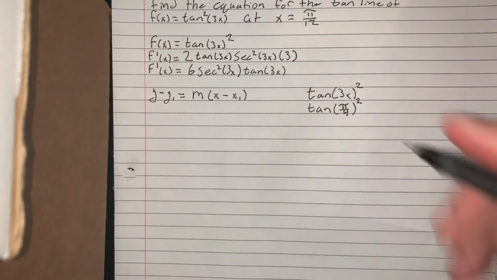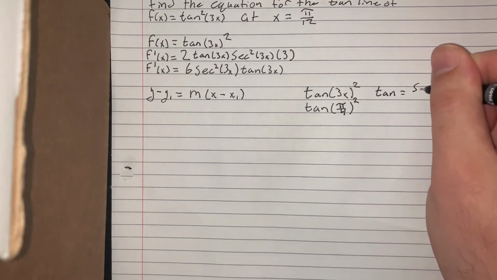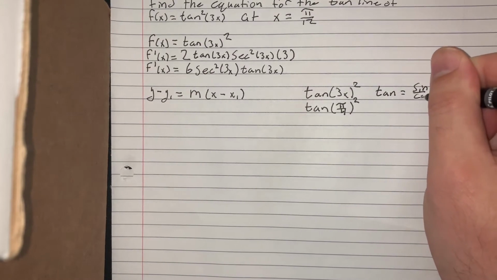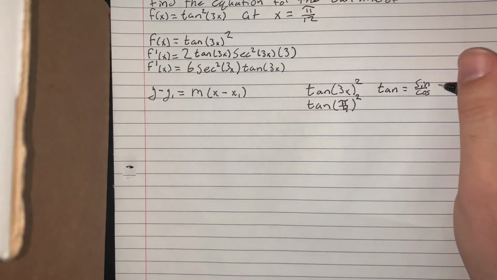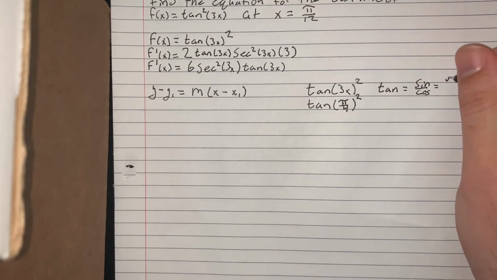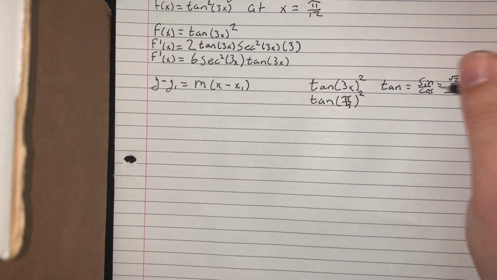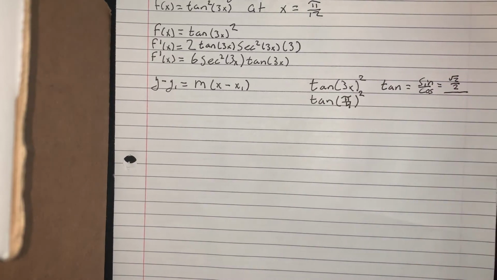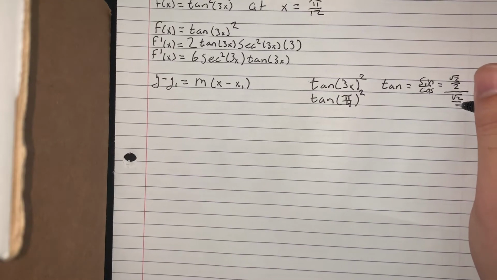So we know that tangent is equal to sine over cosine. And at pi over 4, we know that sine is equal to the square root of 2 over 2, and it's over cosine. Well, the cosine of pi over 4 is also equal to the square root of 2 over 2.